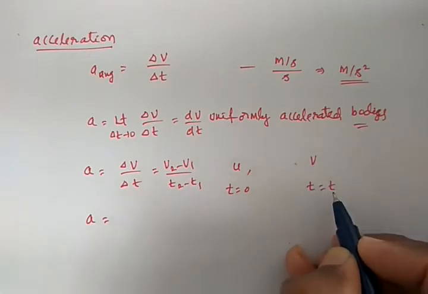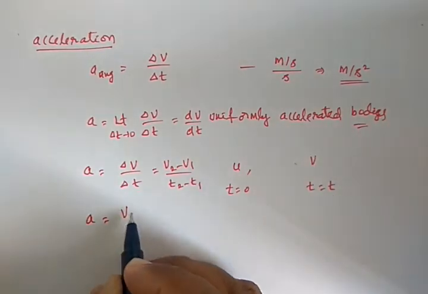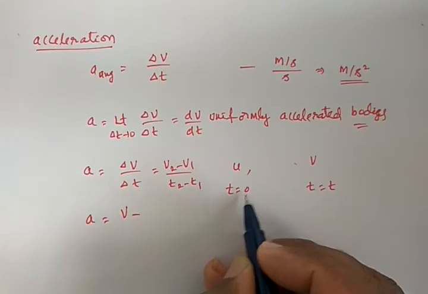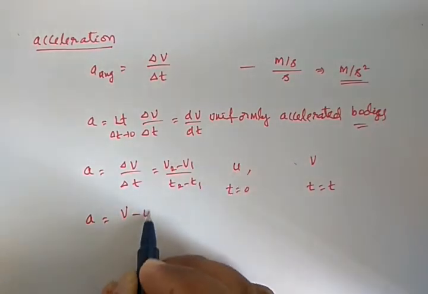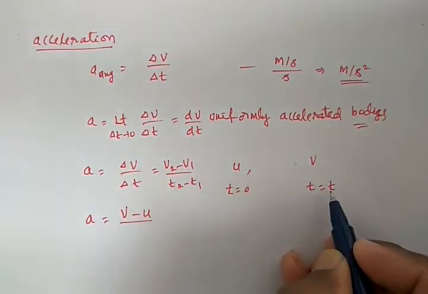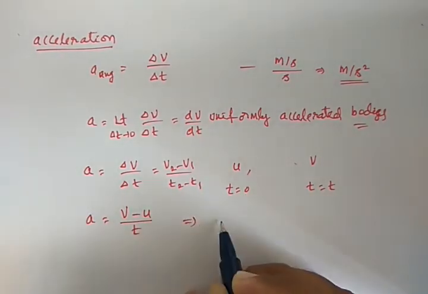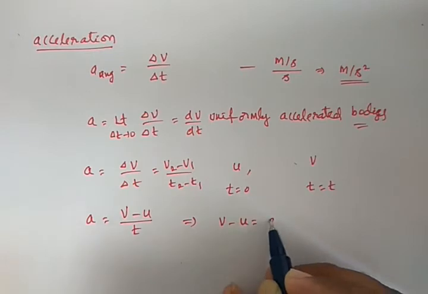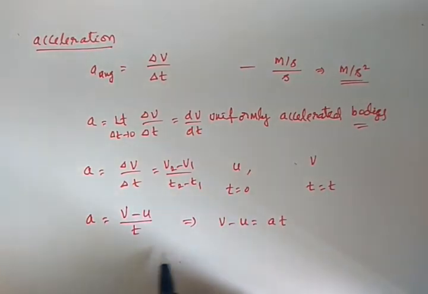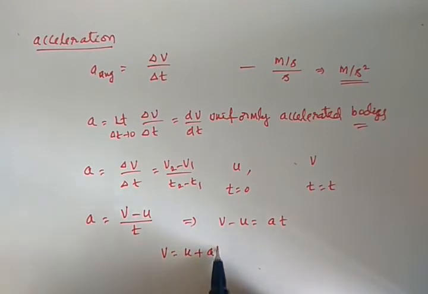That is, at time t, velocity is v, and v1 is the velocity when time is 0, which is u. With t2 being t and t1 being 0, t2 minus t1 is t. So this implies v minus u equals at, that is, v equals u plus at.